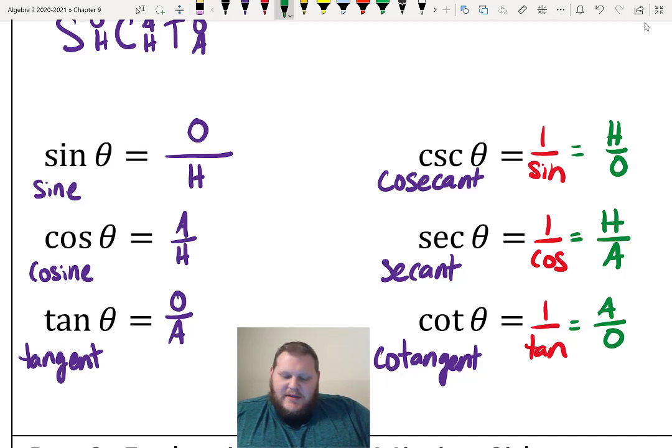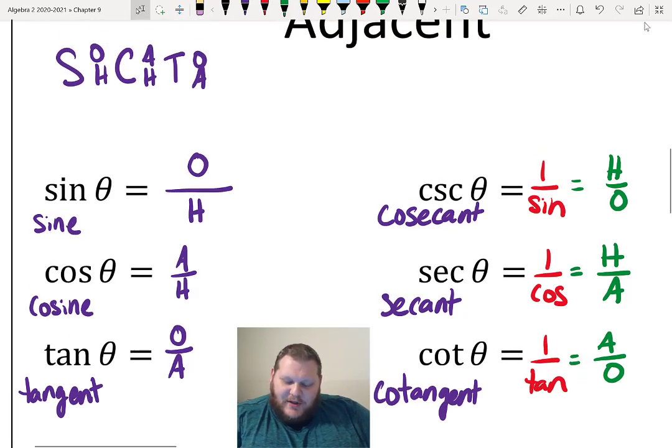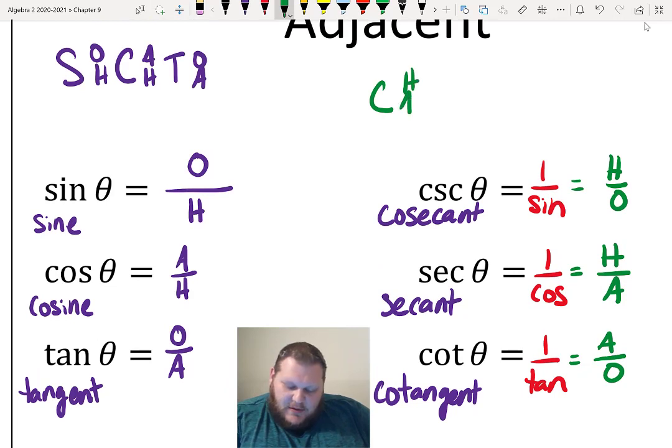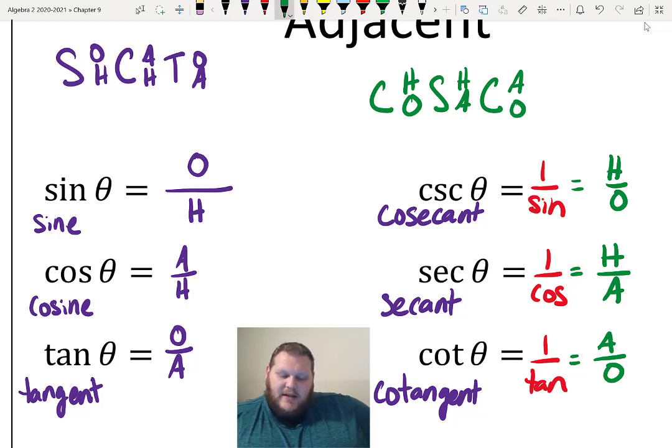We don't usually use a shortcut for it, but if you want to call it something, cosecant is hypotenuse over opposite, secant is hypotenuse over adjacent, and then cotangent is adjacent over opposite. So not quite as elegant as SOHCAHTOA, but CHO-SHA-COW, sure, if that helps you remember the reciprocal functions, that's fine.